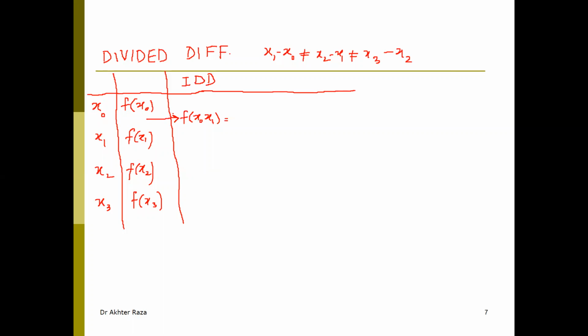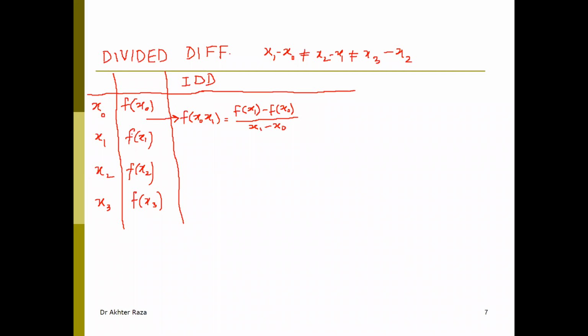How will this be calculated? f x1 minus f x naught, divided by x1 minus x naught. So there is one simple difference among these two.